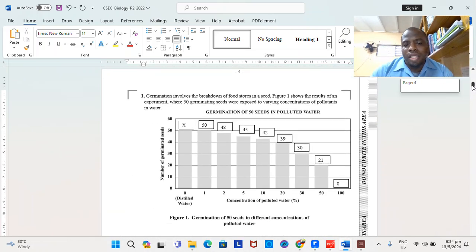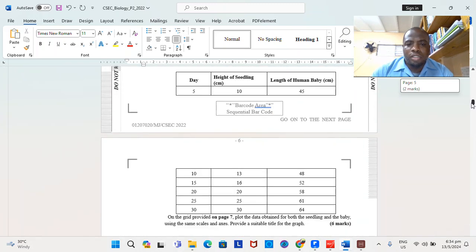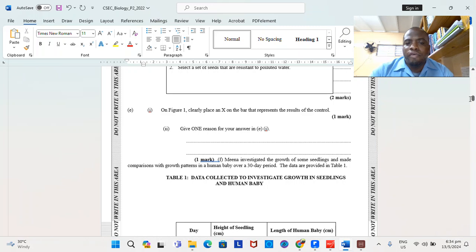And so we place it on the distilled water. There's a follow-up question that says, give one reason for your answer.